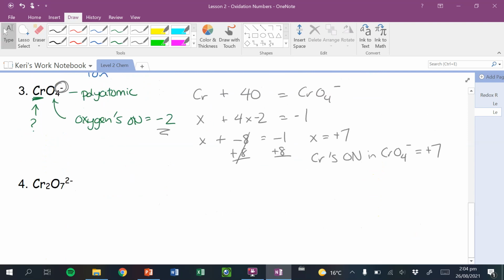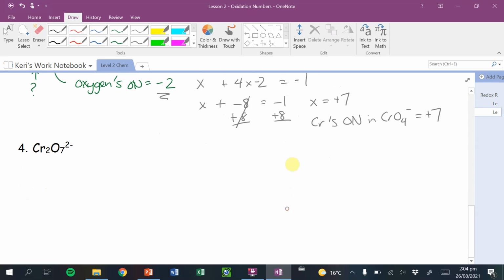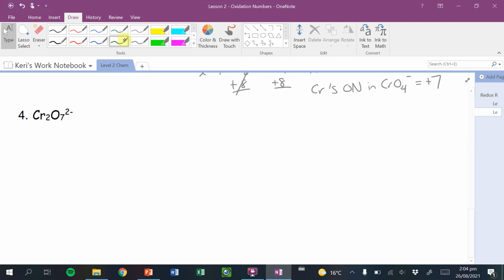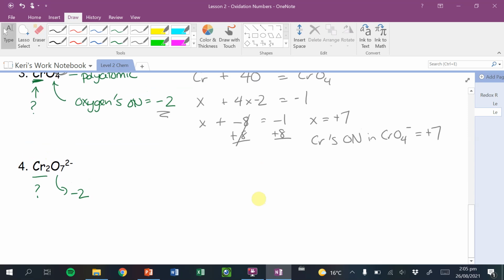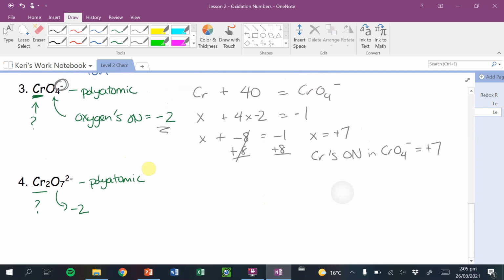We can't use that same number over again, so we can't assume that the chromium is going to be 7 in the polyatomic. It really depends on what the polyatomic is. So we'll do the same setup as we did before. Chromium is my unknown. Oxygen I do know is -2, same conditions. It's a polyatomic. Let's set up our equation.